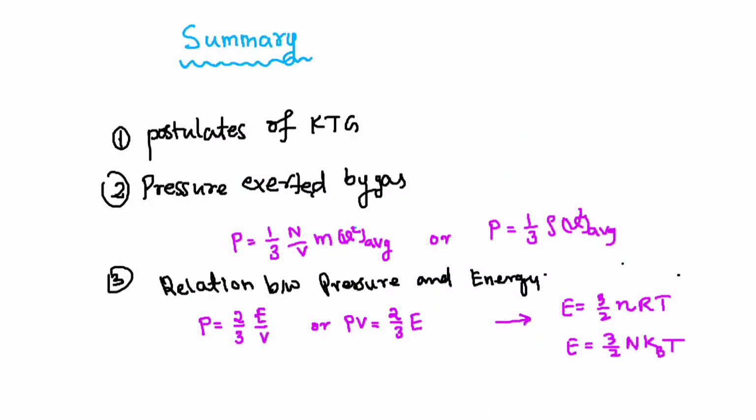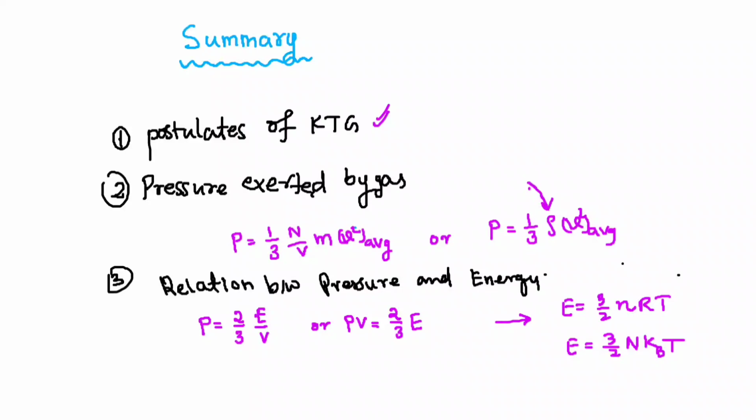So at the end of this lecture, let us look at the summary. First we look at the postulates of kinetic theory. Then we discussed the pressure exerted by gas. We got this formula: pressure is equal to 1 by 3 N by V mv square average. By using mass density, we rewrote this formula like 1 by 3 rho V square average.